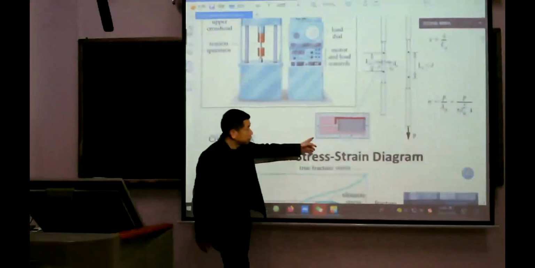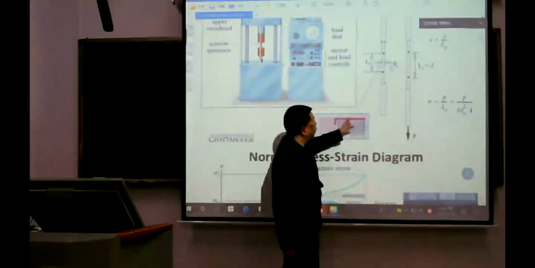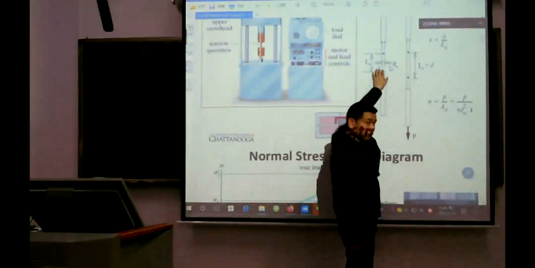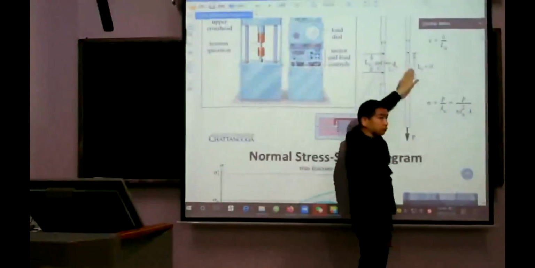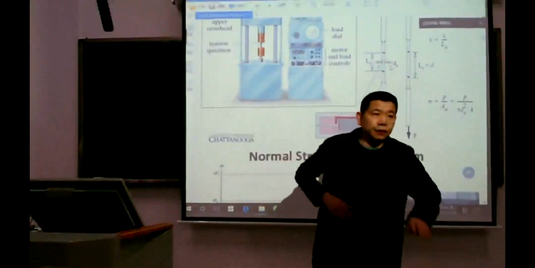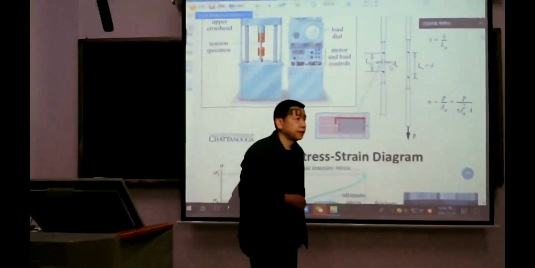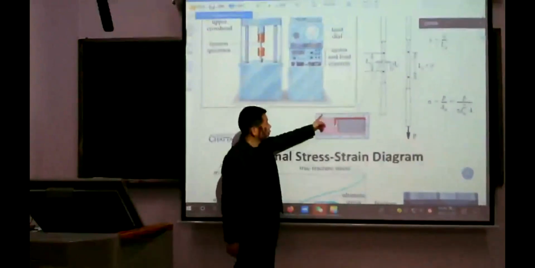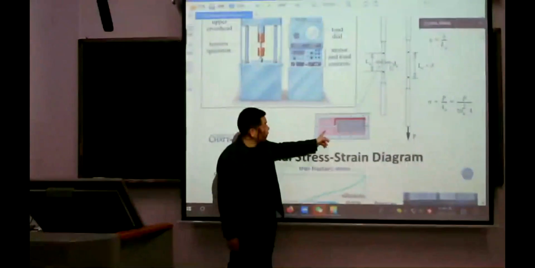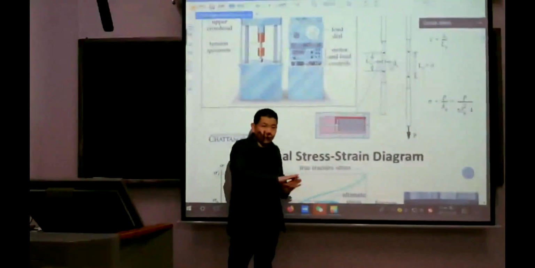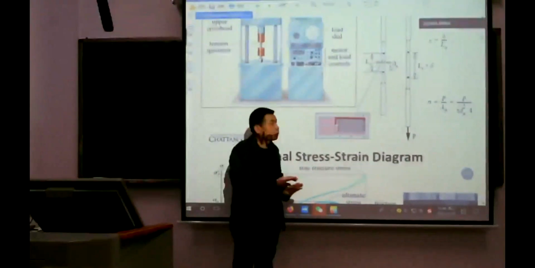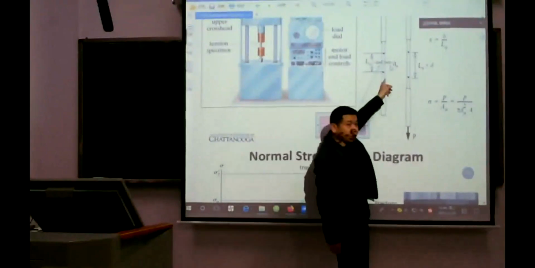And this gauge gets the deformation of the specimen. We put it on the surface of the specimen. This gauge may deform with the specimen.